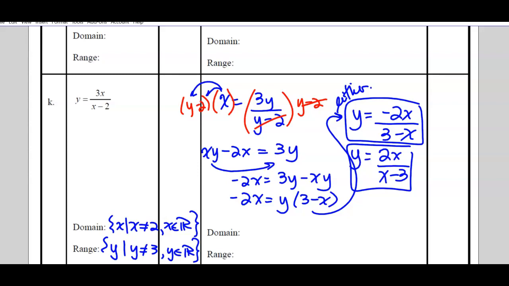So here, 2x over x simplifies to 2. So y cannot equal 2. Well, take a look at that. That was our original domain. So it makes sense. So our new domain is x cannot equal 3. And our new range is y cannot equal 2.